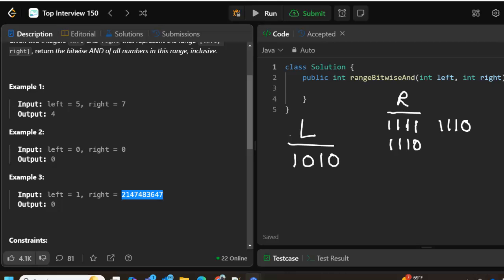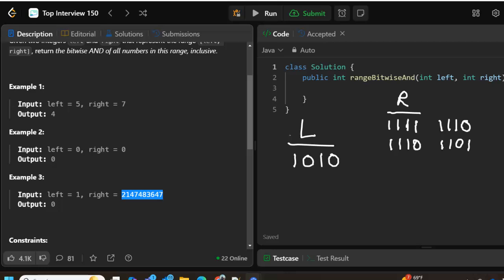Now, let's try 13. Again, we're going to subtract 1 from this. And so subtracting 1 from 14 gives us 13, which is 1, 1, 0, 1.